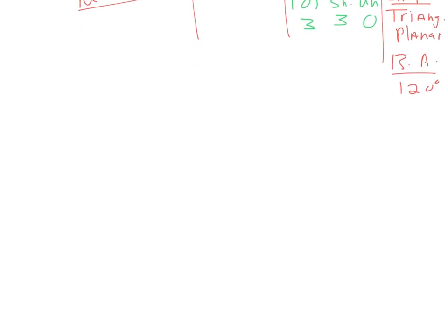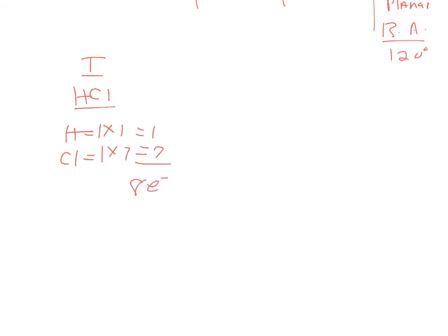Our next shape is going to be something very simple, HCl. And this is panel 1. We're going to start with a valence electron count, 1 times 1 and 1 times 7, for a total of 8. But this time we notice that there's no central atom.